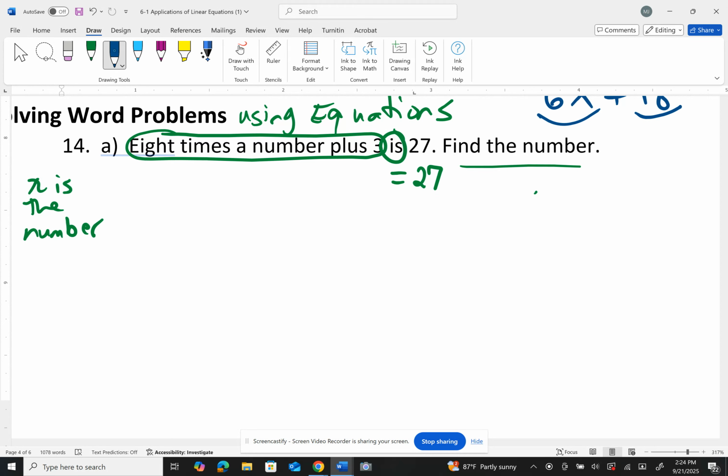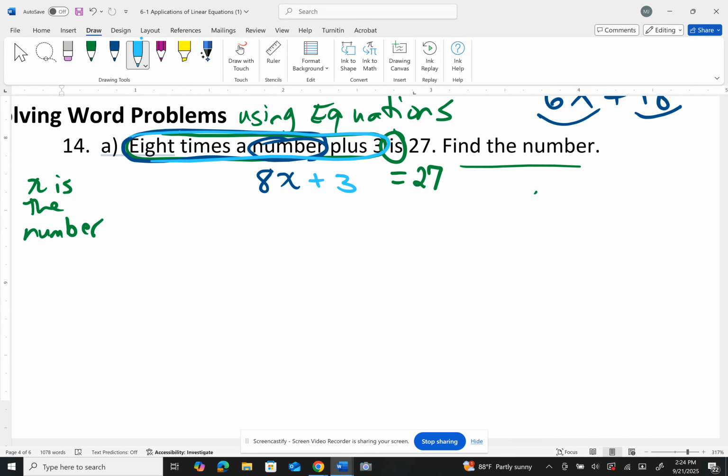And what I wanted you to do is look for where they refer to the number and think, I'm going to let x be the number. Now you back up until you hit an operation word, and you see how you get 8 times a number. That would be 8x. All right, and then as you look at it, you notice that there's another operation word. Now it says 8 times a number plus 3, so we're going to have to add 3 to that.